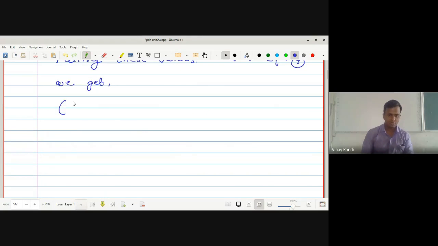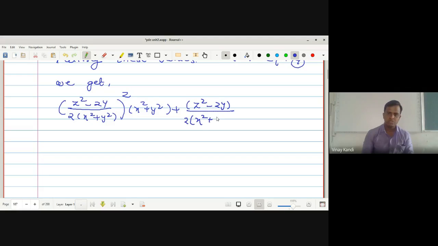So here we get z square minus 2y upon 2 into x square plus y square. This is the value of a square now. Okay, a raised to 4, so its square will be, into x square plus y square, plus z square minus 2y upon 2 into x square plus y square into 2y minus z bracket square plus 1 is equal to 0.